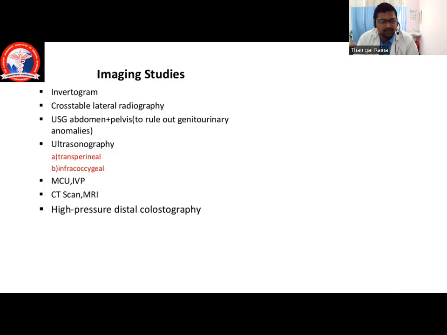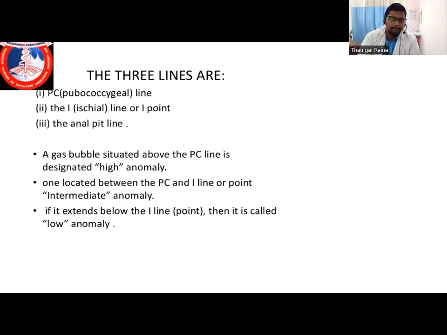So these are the number of investigations, but in this the most important are invertogram, cross table lateral radiography, ultrasound abdomen, CT scan, and MRI.